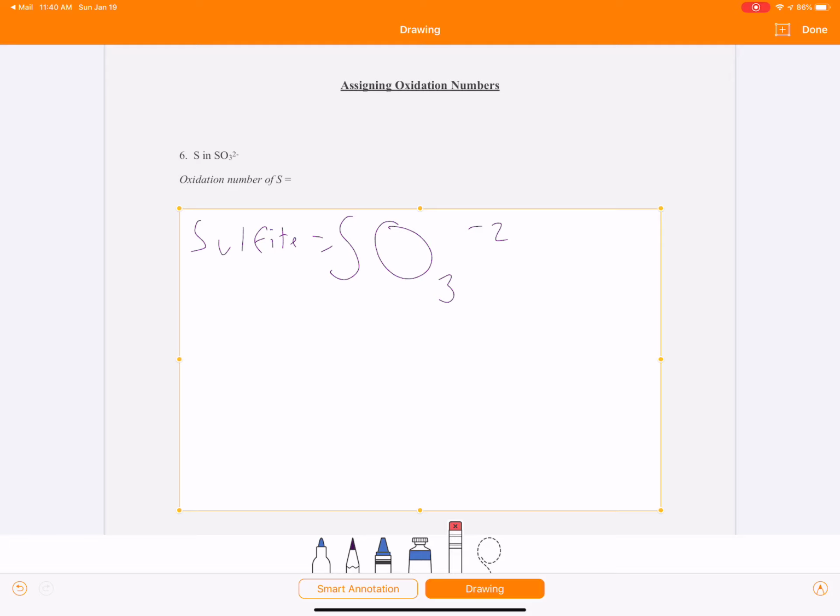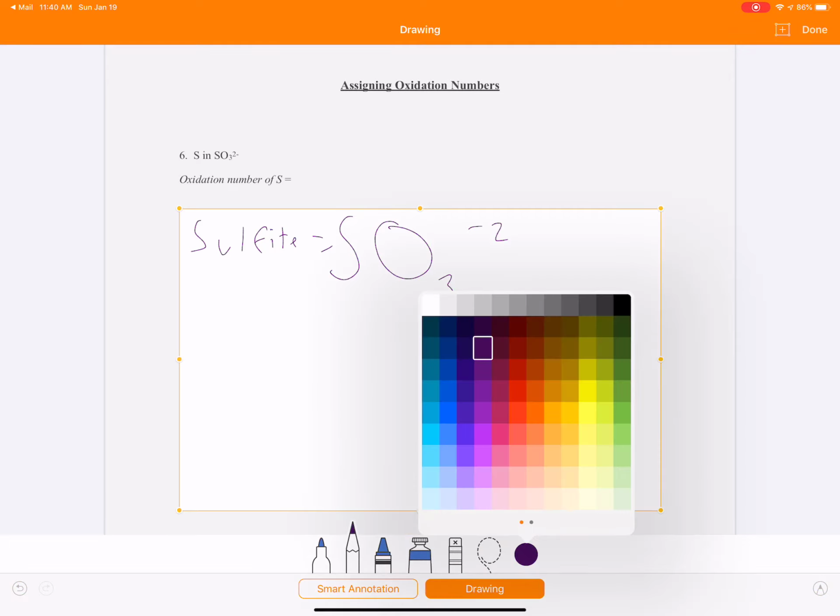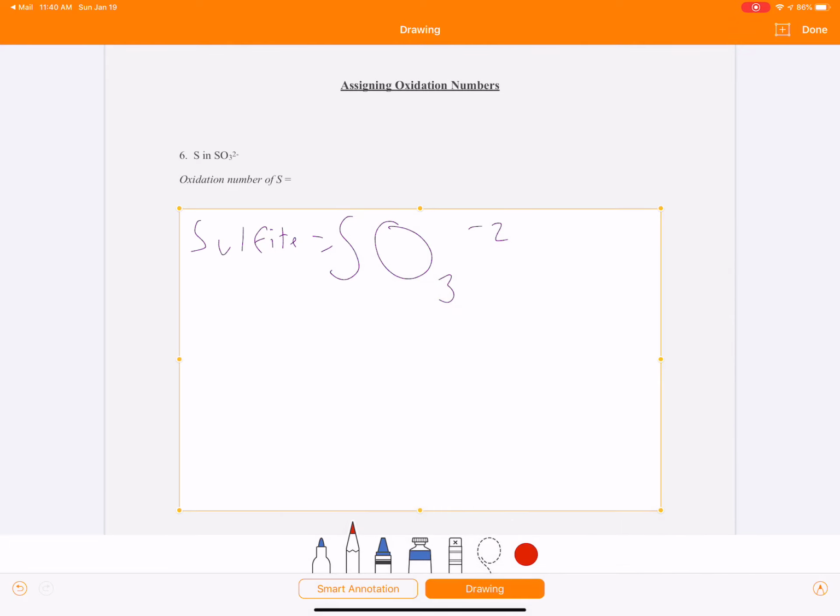Okay, here's how we'll do it. Actually not too bad. We were told by the rules that oxygen always has a -2 charge unless in a peroxide. So that means oxygen has a total charge of -6 for the three of them. And we know that the whole thing has to equal -2.